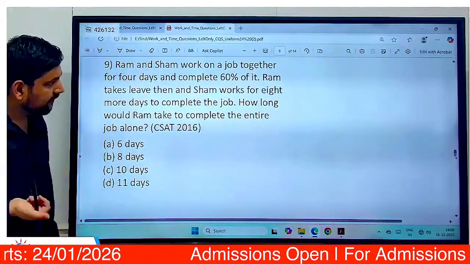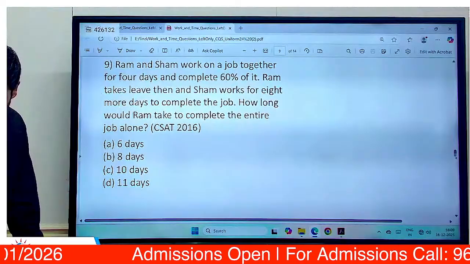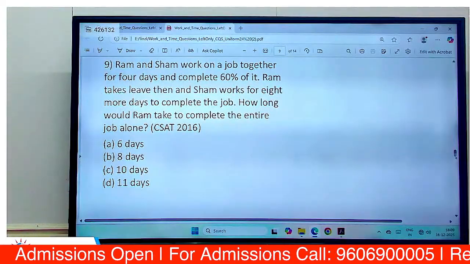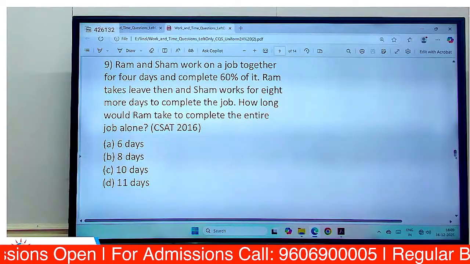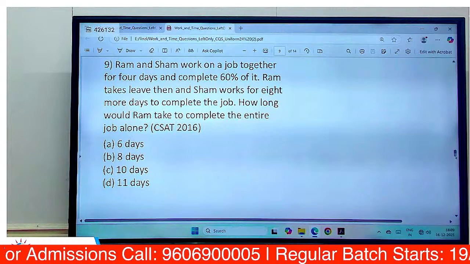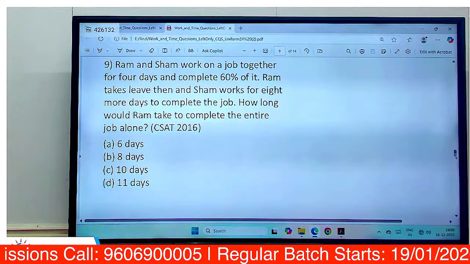Okay, try this. Just think a little, okay? Then do it. Concept is same only.